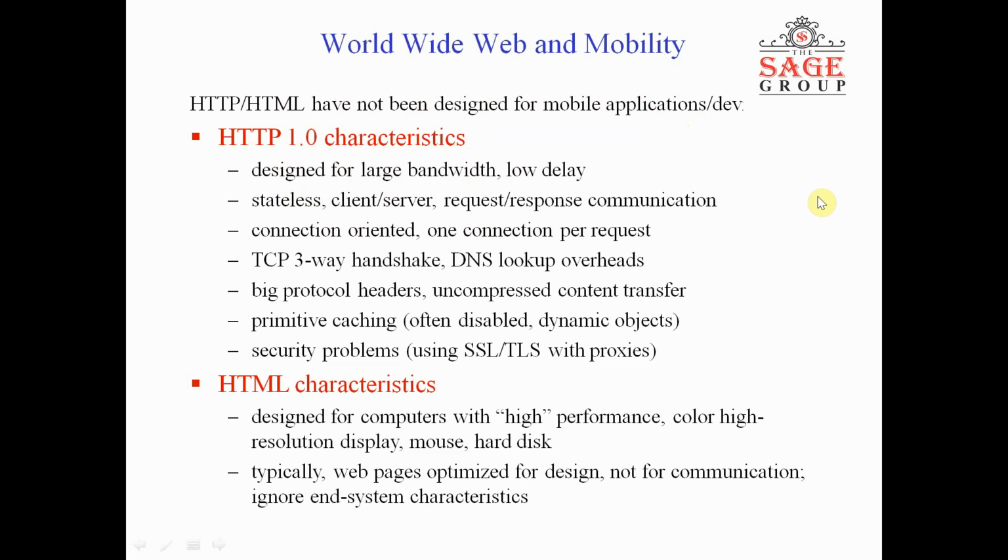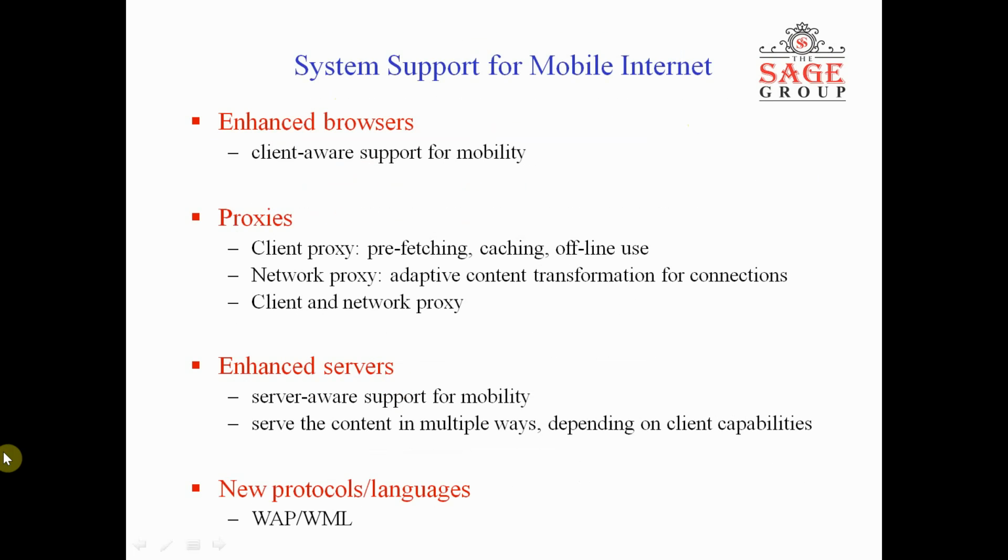In previous lectures, we have already covered these things. Next, system support for mobile interface. This is enhancing browsers, which is used for client aware to support mobility: proxies, client proxies, prefetching and caching offline, and using network properties, adaptive content transmission from connections, client and network protocols.